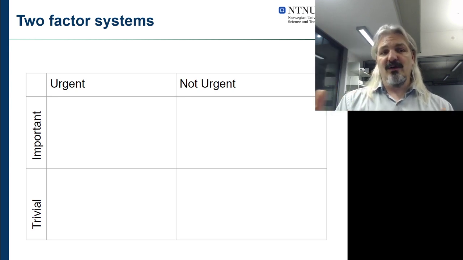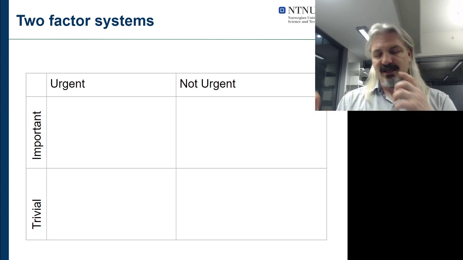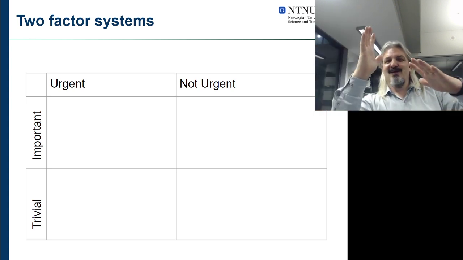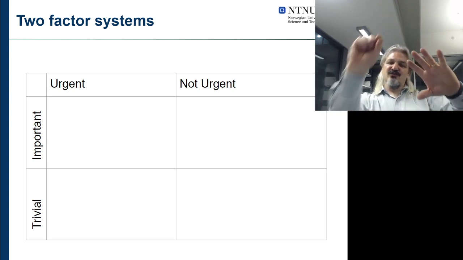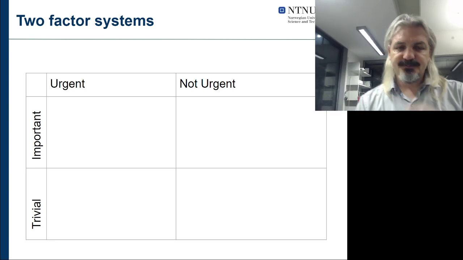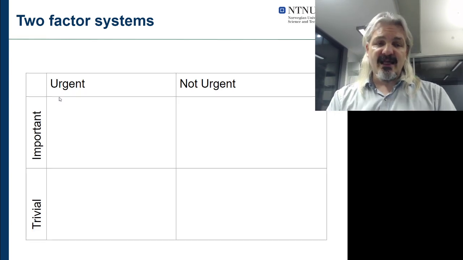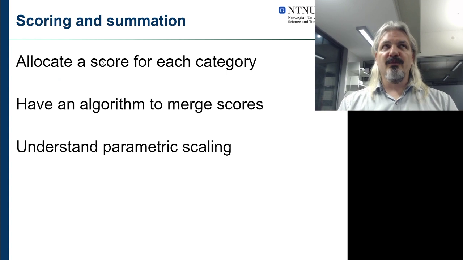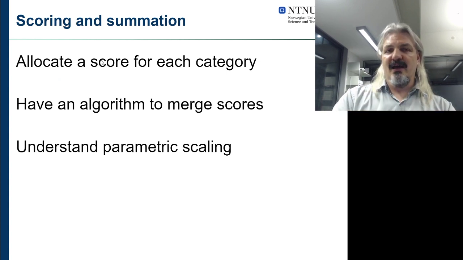Now that we know what we think is trivial and important, and what we think is urgent and can wait, where is our cutoff line that we draw through this diagram to decide exactly what we're going to do? And so that's, again, another way of trying to get multiple issues resolved.